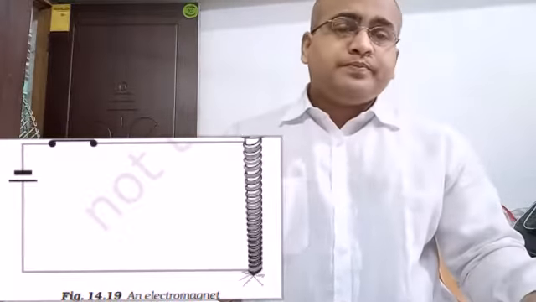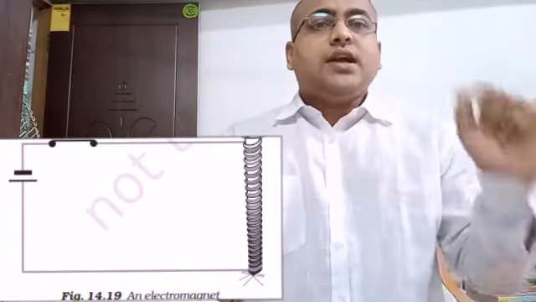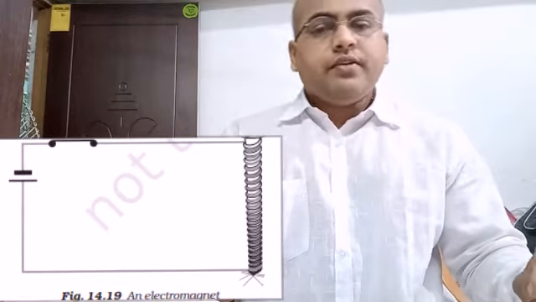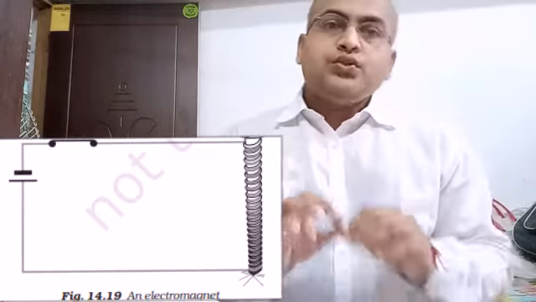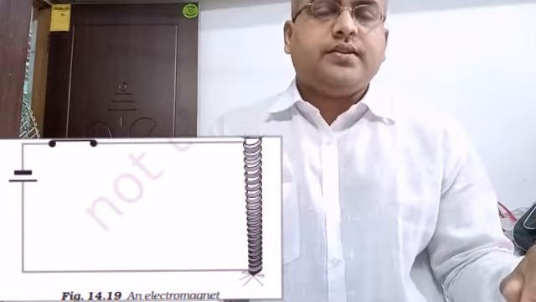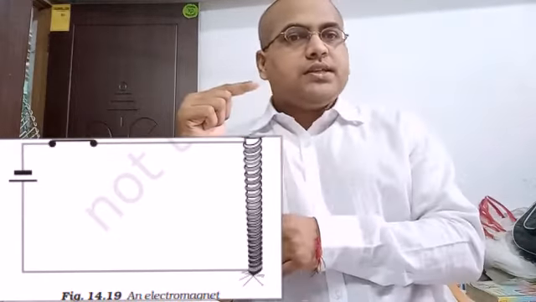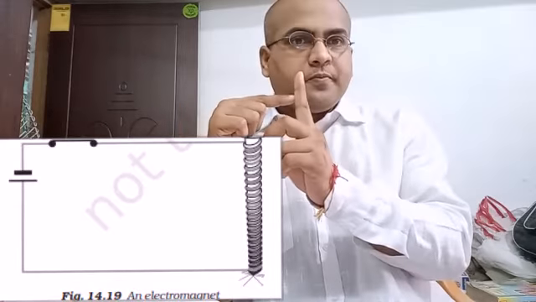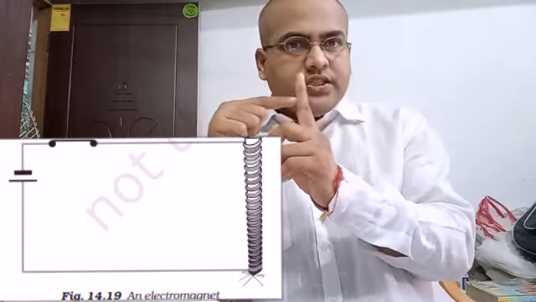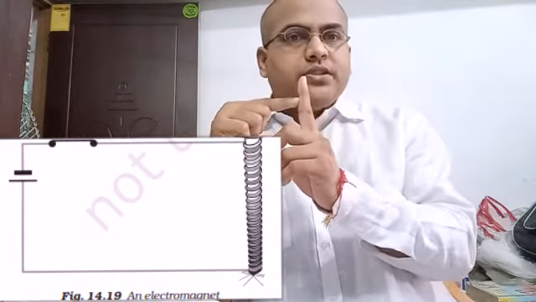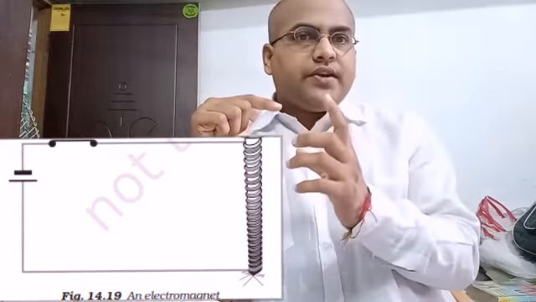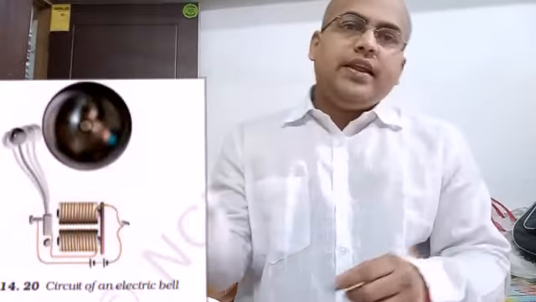Whenever we allow the current to flow through the whole circuit, the contact screw is attached with the circuit and the strip is here. So when the current comes here, it acts as an electromagnet, so the strip is attracted towards the gong and it will hit the gong.